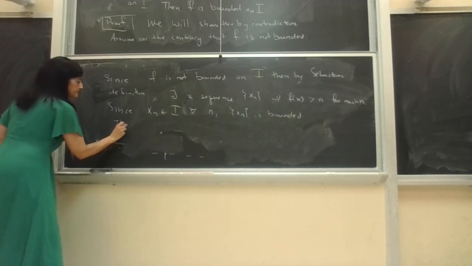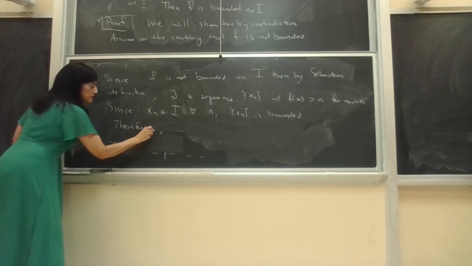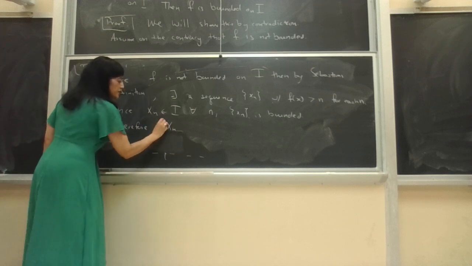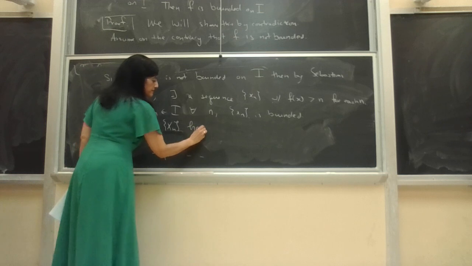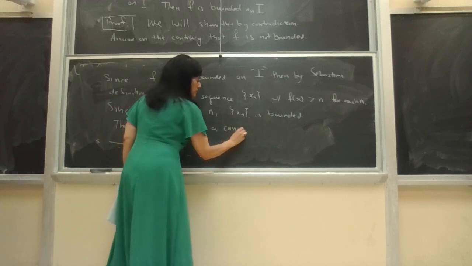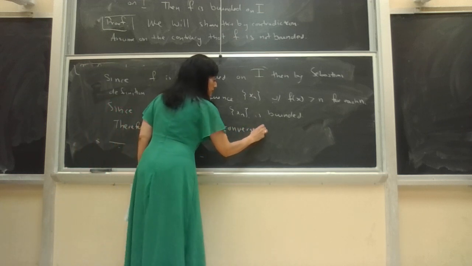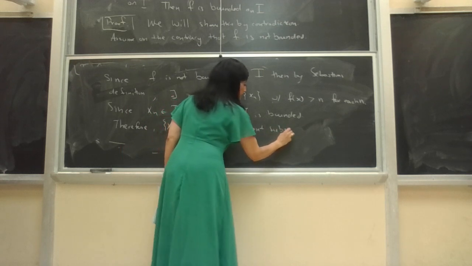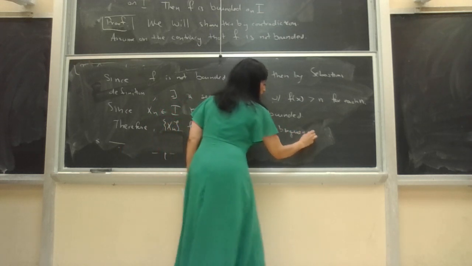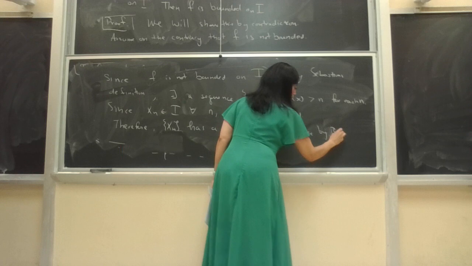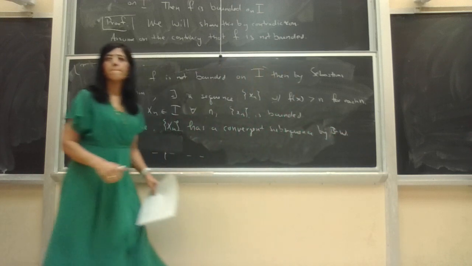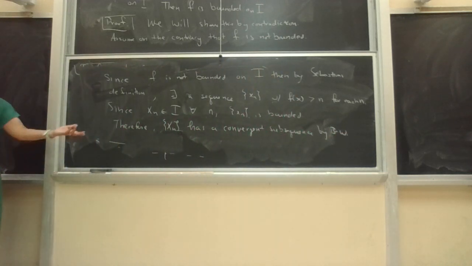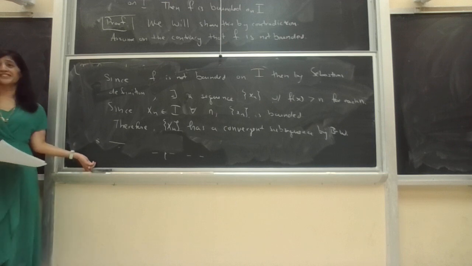Therefore, xn has a convergent subsequence by Bolzano-Weierstrass, or the Baltimore-Washington Parkway. So I can stand for that too.